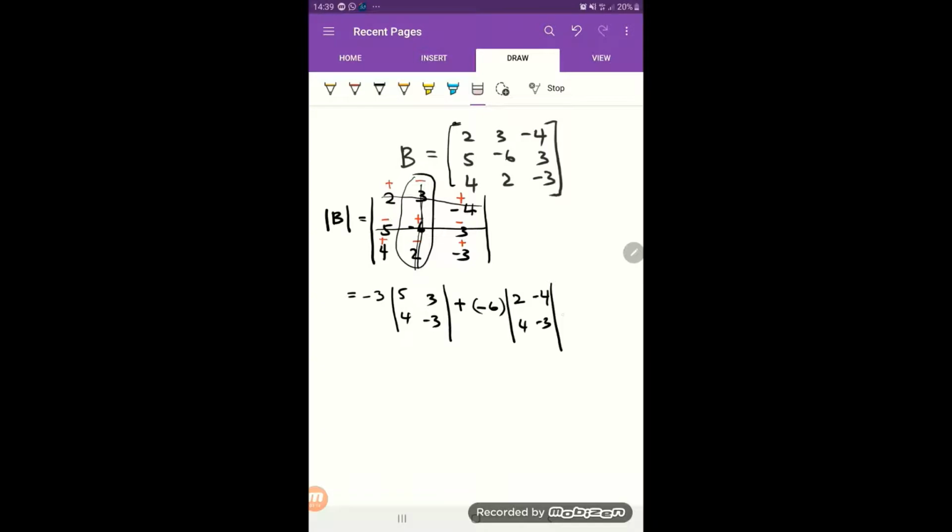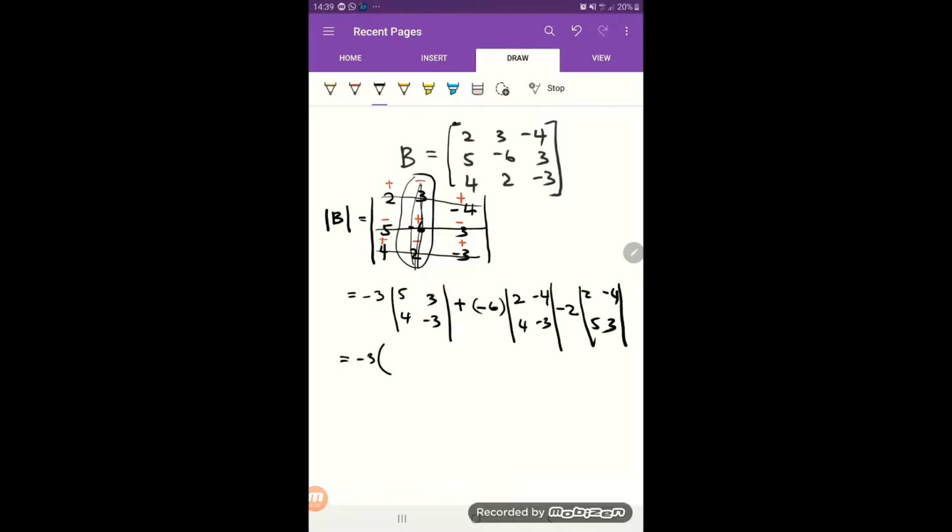The sign of 2 is negative. So we delete the third row and the second column. The numbers not deleted here are 2, negative 4, 5, 3. And then we do the calculations.